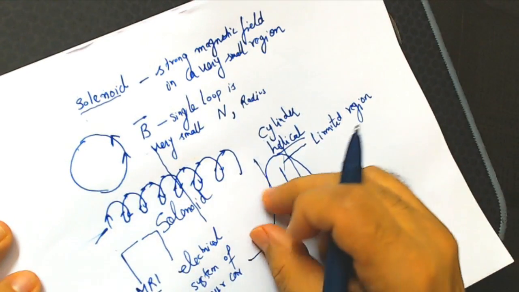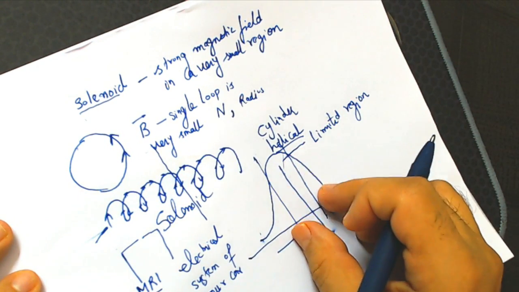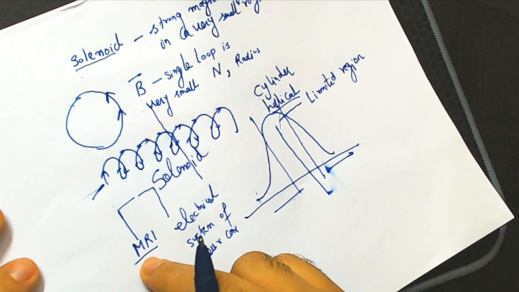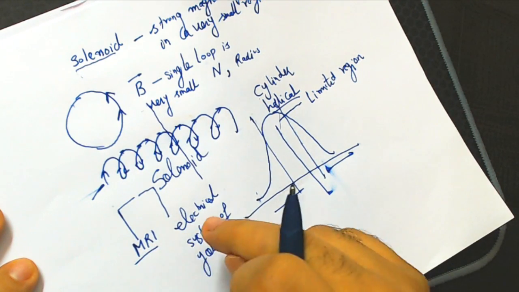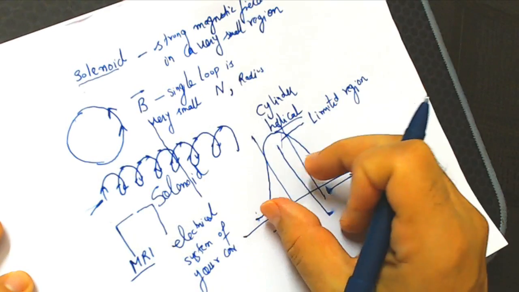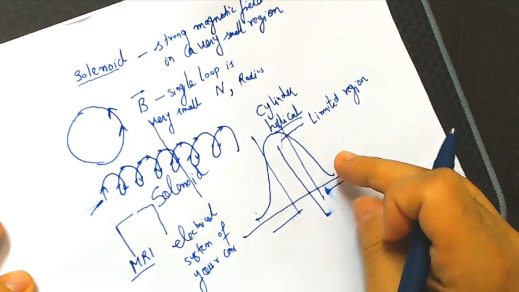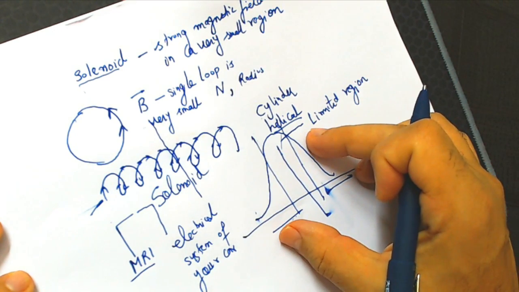The aim is to get a very high magnetic field in a limited region. The applications are pretty useful. So, study the solenoid very carefully and understand how the magnetic field is going down and what is a mathematical representation of the magnetic field.